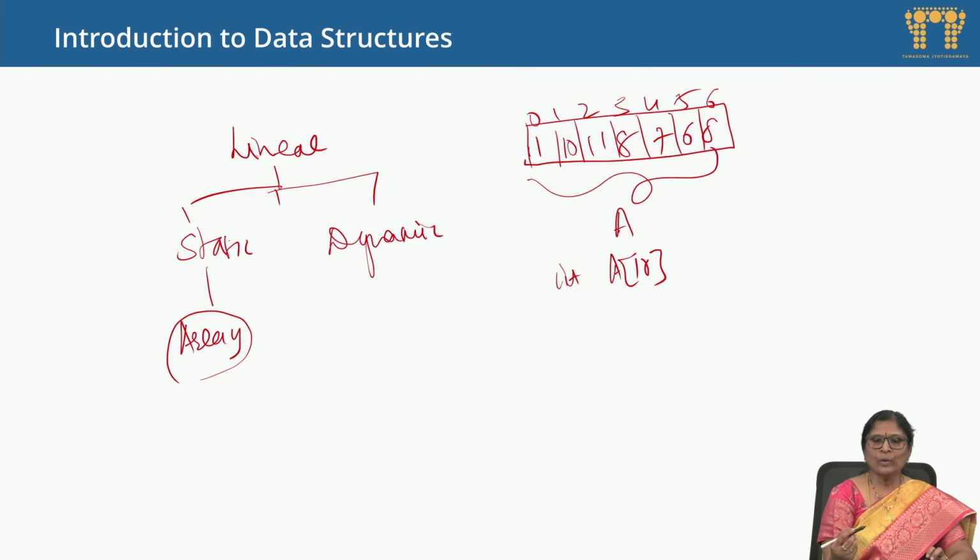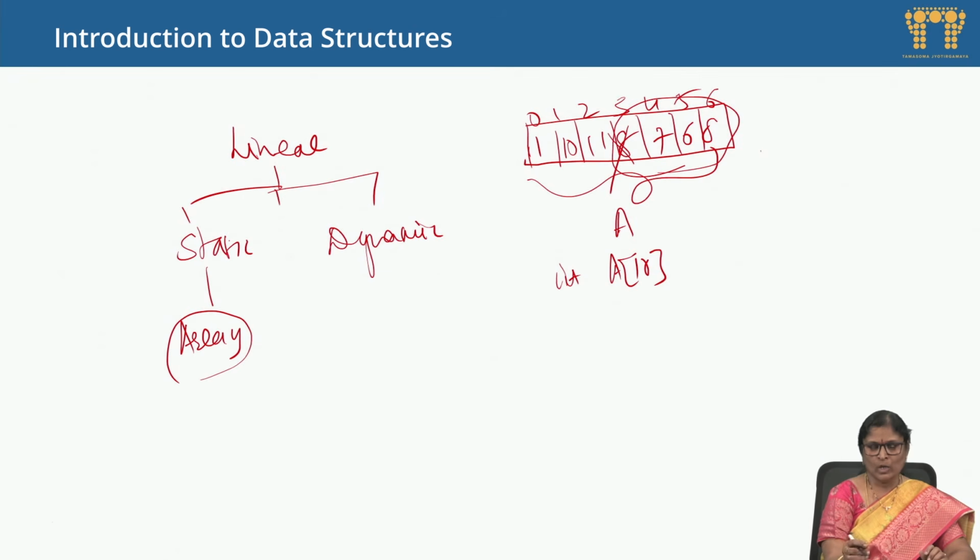If I want to insert an element into an array, then the entire array has to be shifted rightwards. And if you want to delete an element, suppose 8, then the entire array should be moved to the left side. So it is a very costly operation in the case of an array. The insertion and deletion operations in an array are very, very difficult.